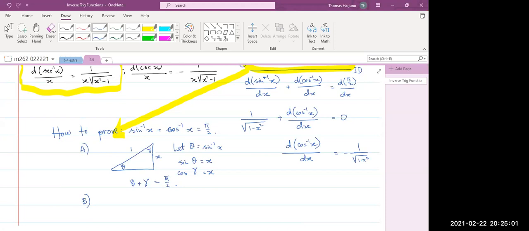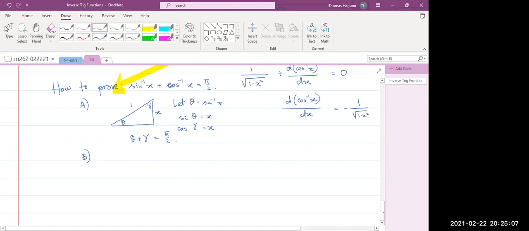So the other way to do this, the harder way but more comprehensive, anticipates what if x is a negative number. So we apply the following. Let theta equal sine inverse x and gamma equal cosine inverse x.